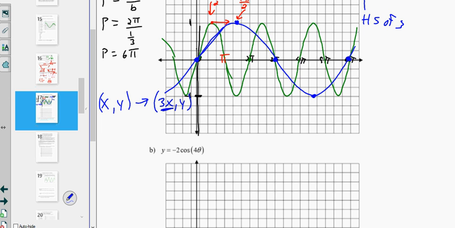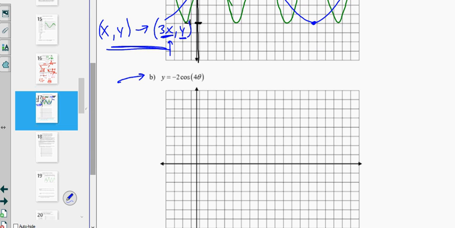And remember, when I say x, I really mean the angle in this case. So 3 times any of these angles would get you to where you're going to be, right? The y value stays the same, and the x value, or the angle, every one of them gets multiplied by 3. Okay? This mapping notation might come in handy when you start getting ones like this, right? That have a few things to do. So let's sketch this one out.